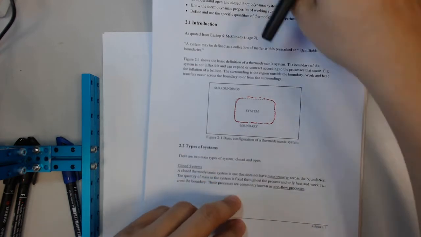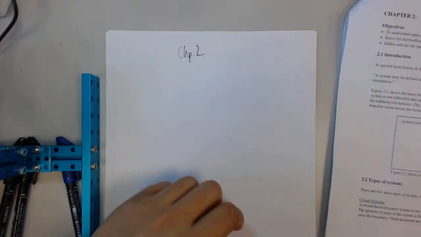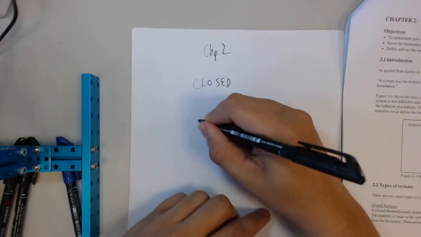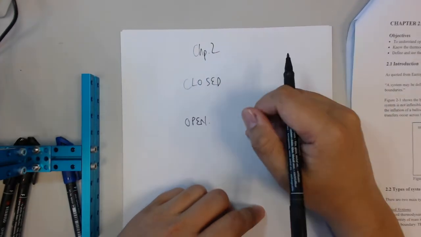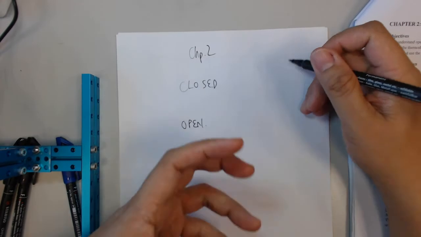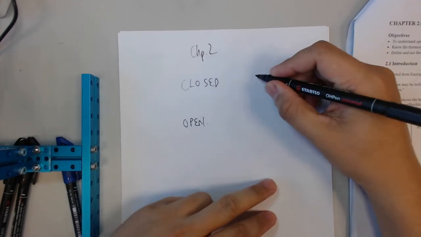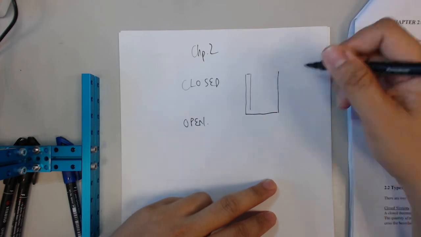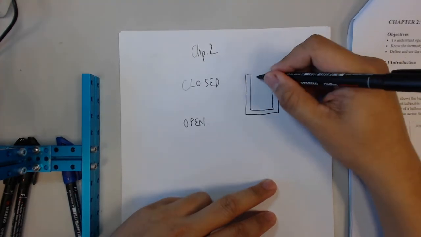So there are two types of systems: closed and open. The key difference is that in closed systems, your fluid mass will not go through the boundary. So, for example, if we look at a cylinder with a piston.